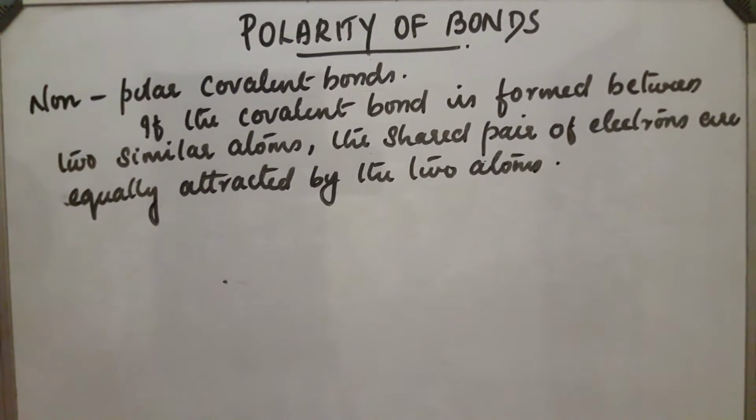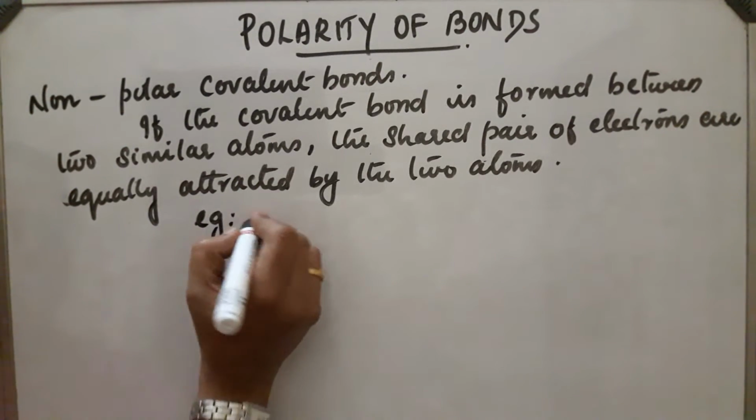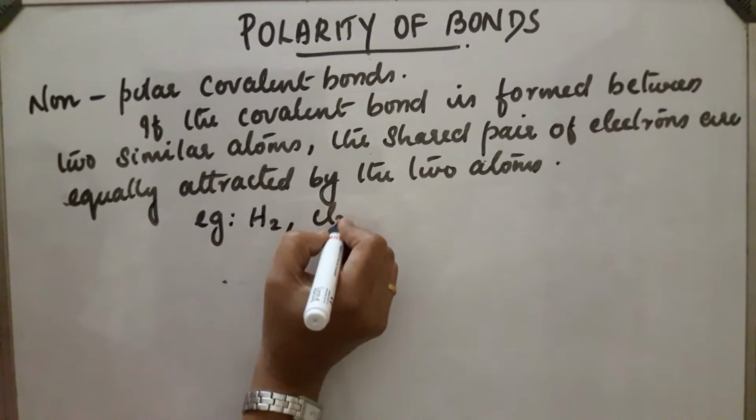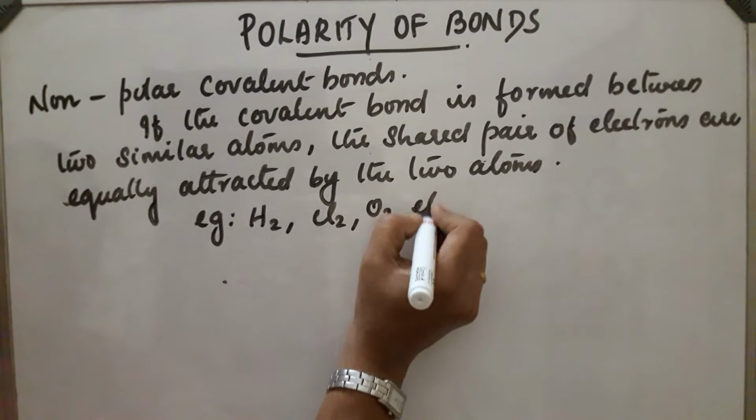Such covalent bonds are called non-polar covalent bonds. Examples: H2 molecule, Cl2 molecule, O2 molecule, etc.